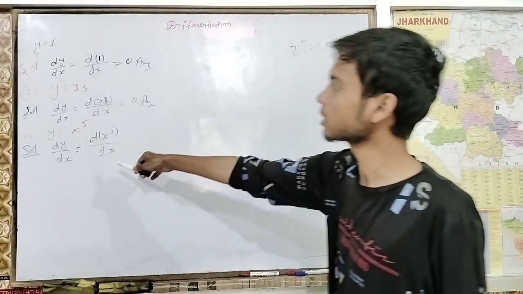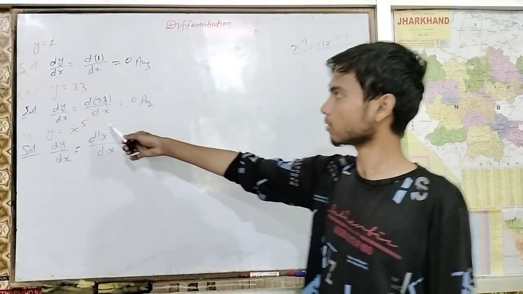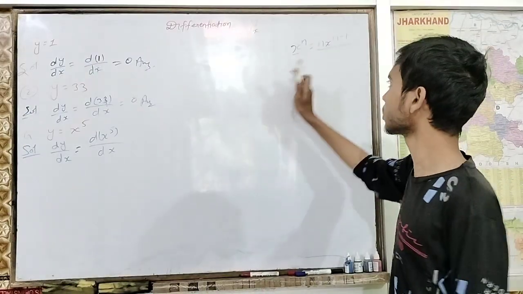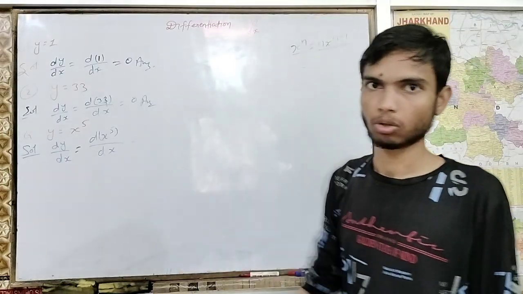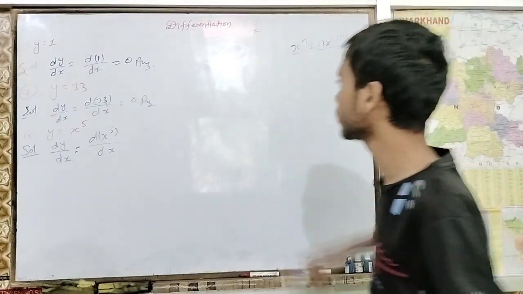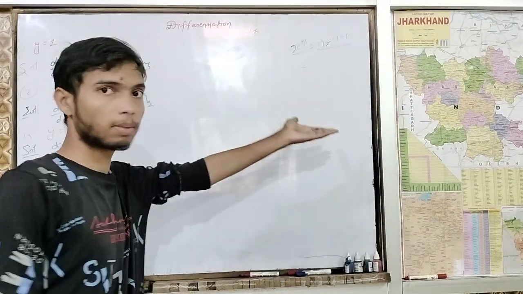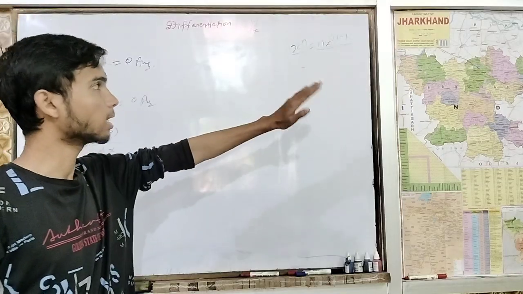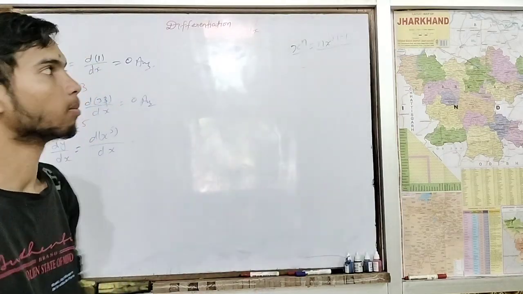In this case, what is happening? X and here 5. We will apply this formula to solve this. Here you can see we wrote n as the base, and then we subtracted 1 from the exponent n.